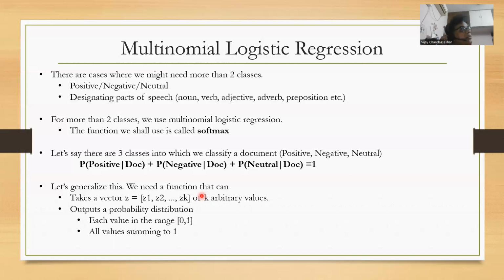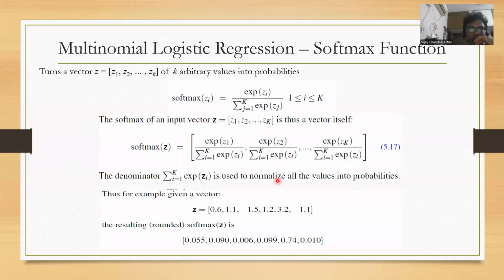So in the world of binary logistic regression, we were using the sigmoid function that squashed your data into the range of 0 to 1. Now, what we're going to do is use this function called a softmax.